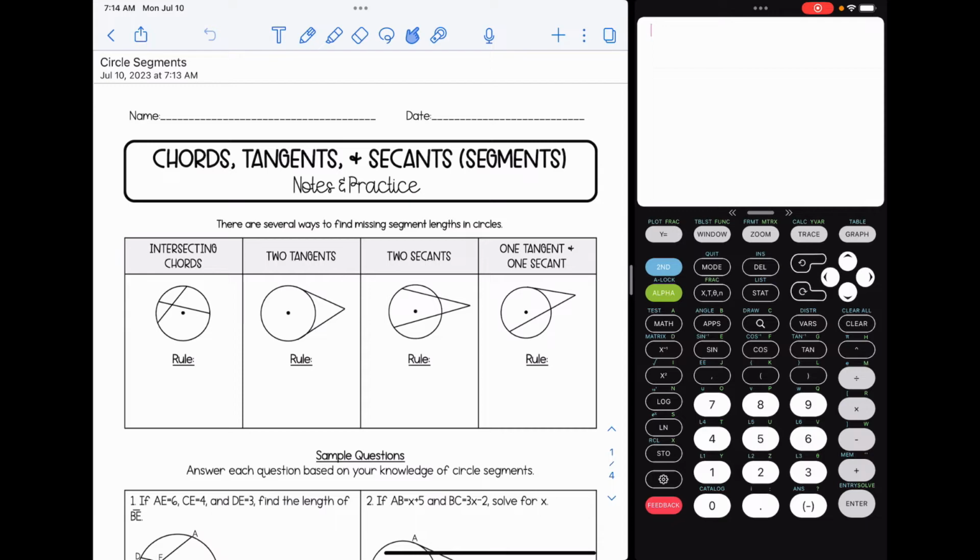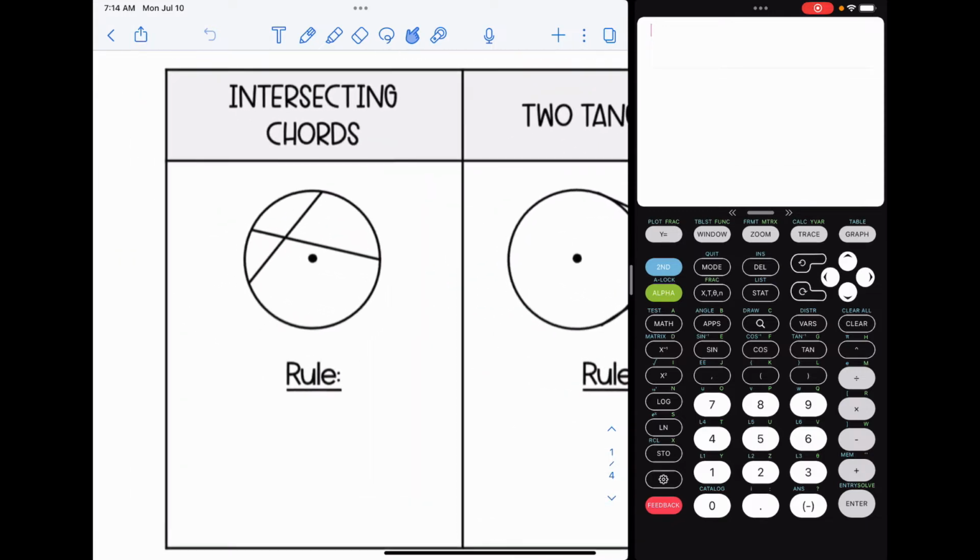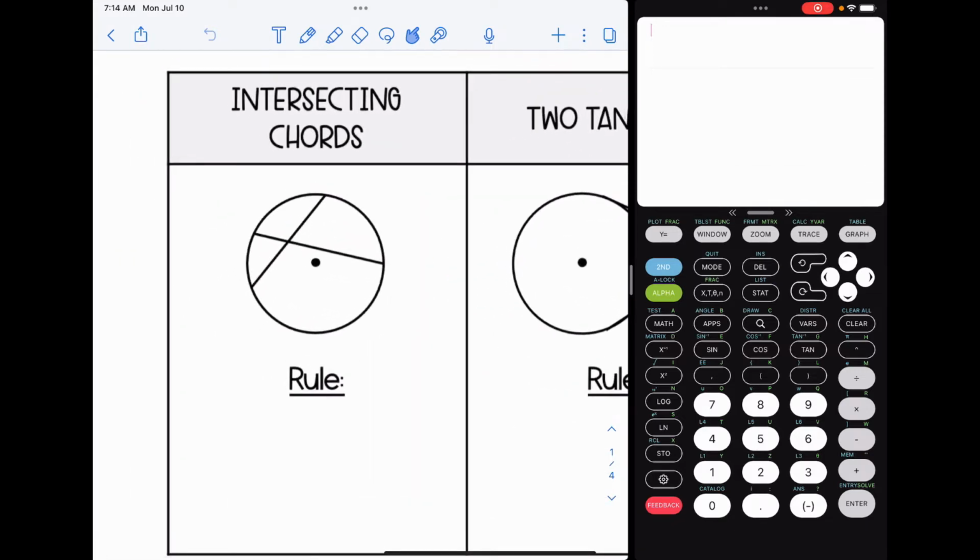So for intersecting chords, the rule is that you multiply the two pieces of one chord, and that's going to equal the product of the two pieces of the other chord.